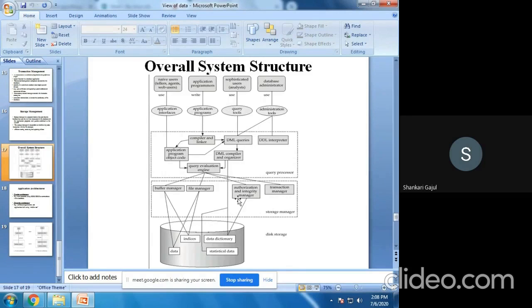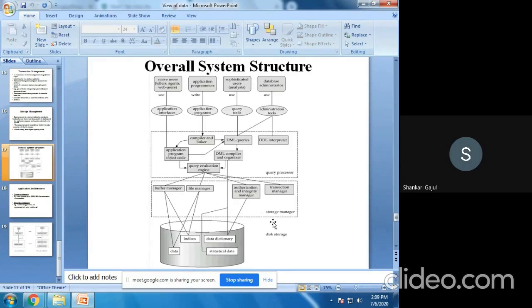First, authorization. What do you mean by authorization? The storage manager checks the authority of users to access the data, and who will access the data. An unauthorized user cannot access it. That is done by the authorization component of the storage manager.